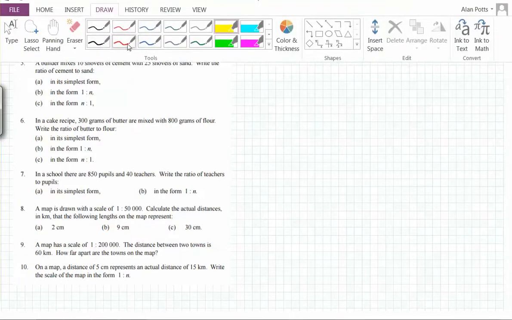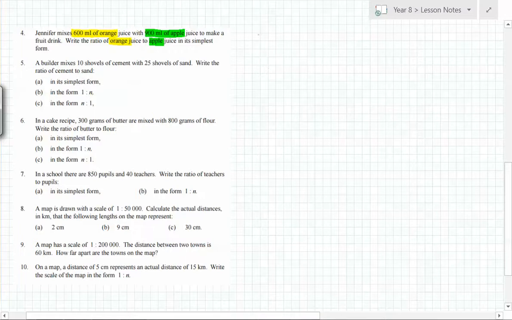Which means that the ratio we should have is 600 to 900 to start with. Okay, that's in millilitres. Right? But in simplest form, well, we're going to go 6 to 9 straight away. And then we can just do divide by 3 gives us 2 to 3.